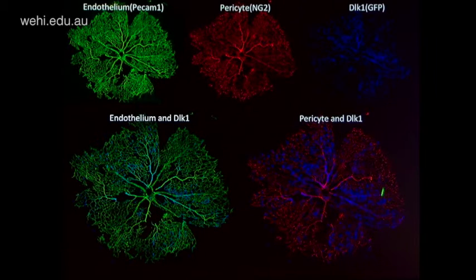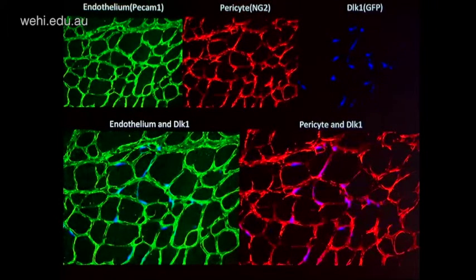When you look at these images, it's hard to tell whether Dlk1 is expressed in the endothelium, which was what was claimed before, or whether it's expressed in pericytes. It's difficult to tell. But when you look at high power, this is endothelium and pericytes, and the Dlk1 in blue.